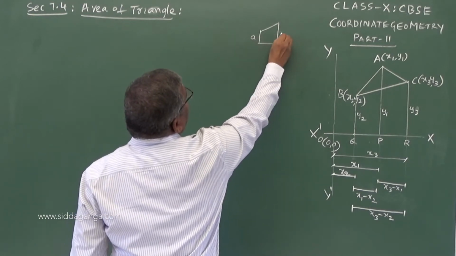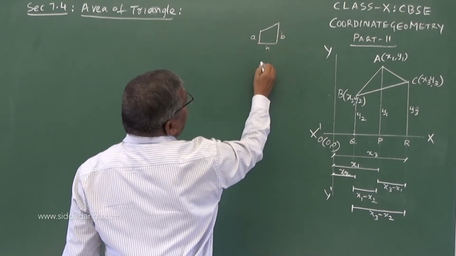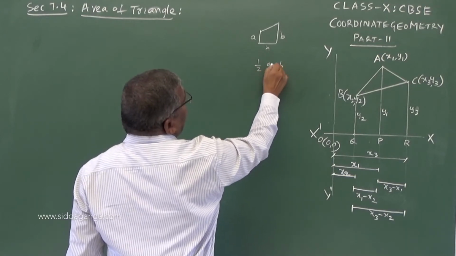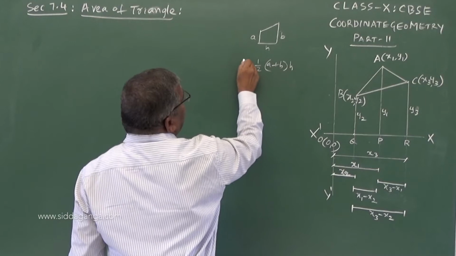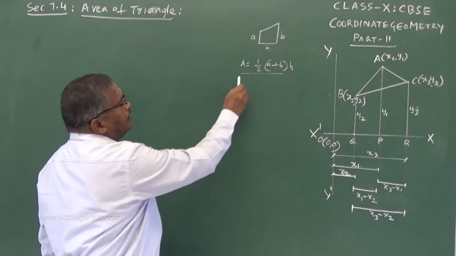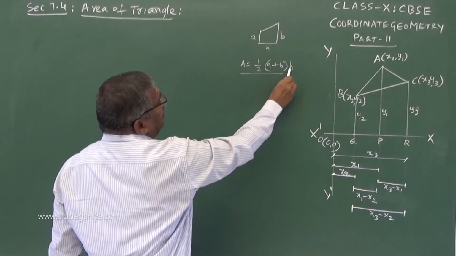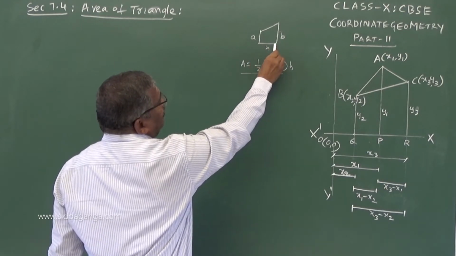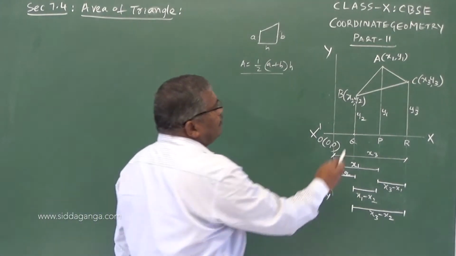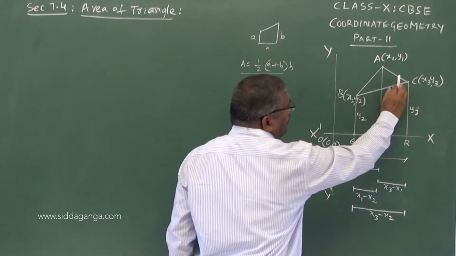If this is a, this is b, and the distance from here to here is h, the area of the trapezium will be half into a plus b into h. So the area of a trapezium is the sum of the parallel sides multiplied by the distance between those two and divided by 2. This formula we apply to find the area of this trapezium and the second trapezium.